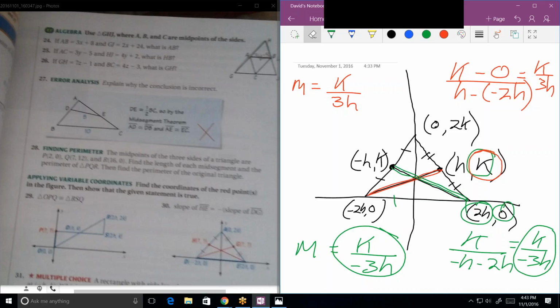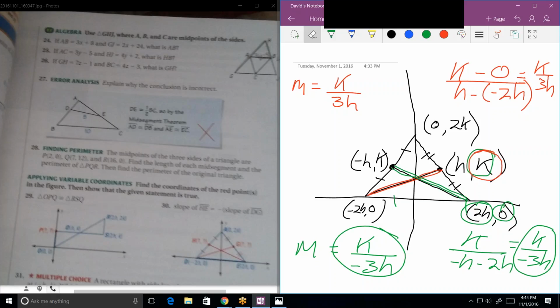Yep. Okay. It's kind of an unusual problem that probably only comes up when they're using letters here. And then it becomes easy to make that mistake. Although certainly if you make that mistake, you end up getting k over 3h and realize, oh, I made a mistake, because clearly these two slopes are not both positive.